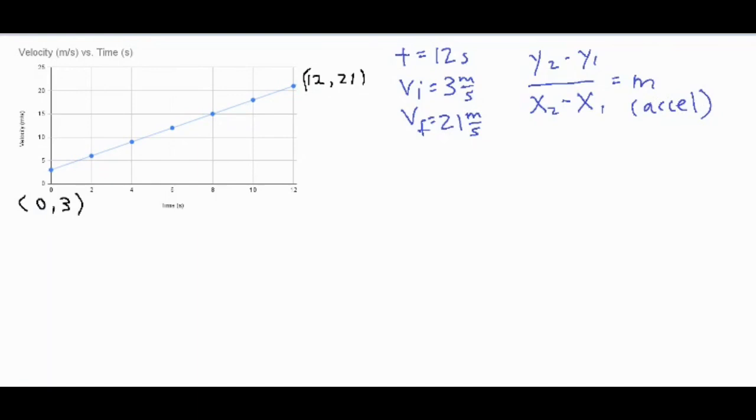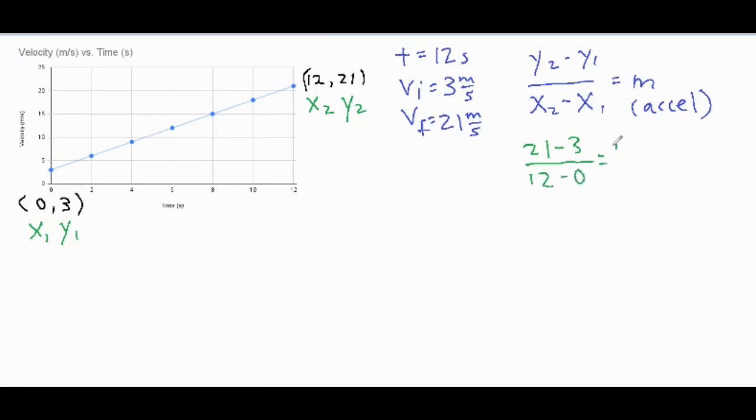So I already have my first and last value marked on the graph over here. I'm going to go ahead and call this one my x1 and this one my y1 and this one my x2 and y2. So I'm going to be careful labeling those so then when I put them into the formula, they'll all fall into the correct position. So I'll calculate the answer as accurately as possible. So I got 21 minus 3 over my x2 of 12 minus 0.